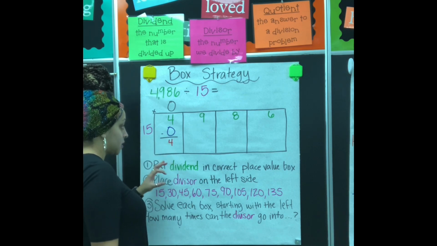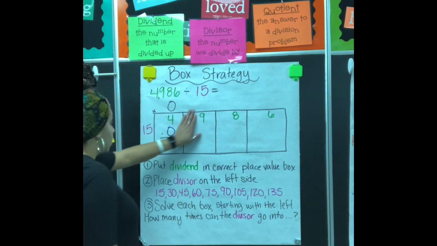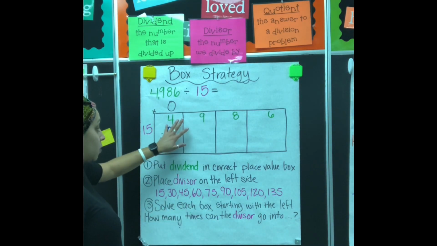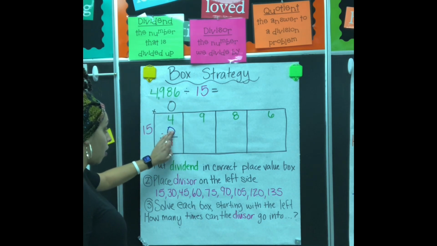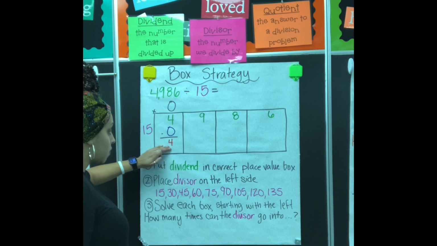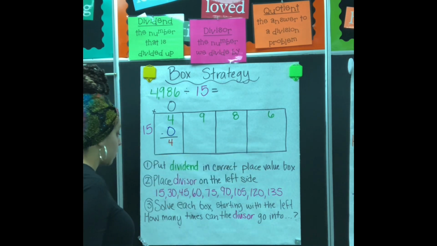So what I do with this information is, let's talk about what I did first. So I looked and I thought, how many times can 15 go into 4? 0. So I put 0 up here and I go 0 times 15 equals 0. Then I go 4 minus 0 equals 4. Well, I'm not finished because I have to go to the hundreds, tens, and ones place as well.